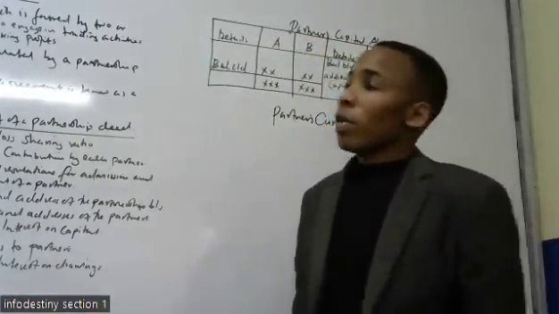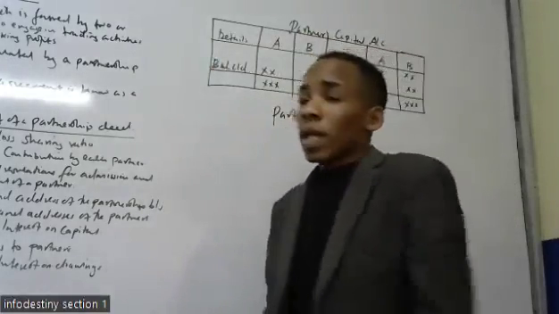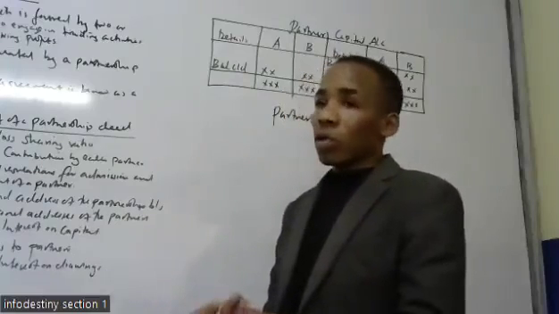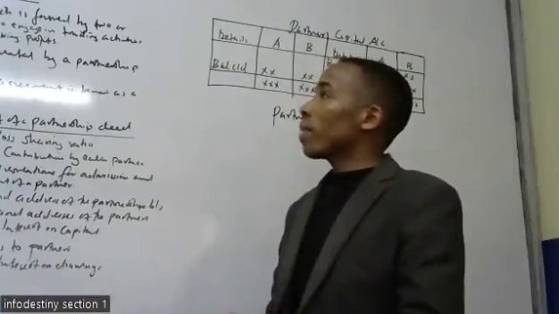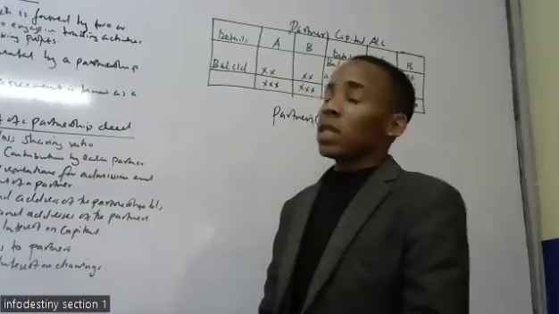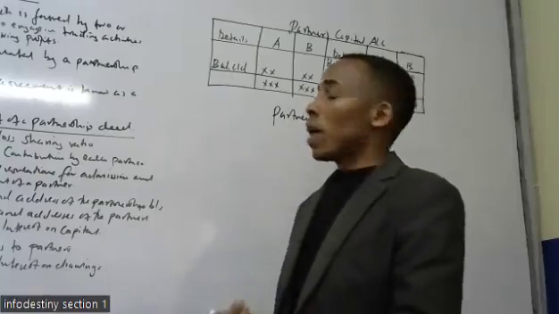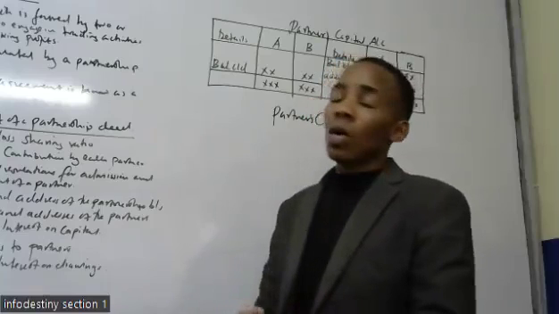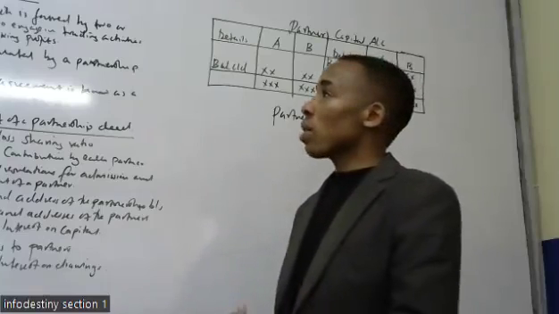So the benefits which go to the partners are, in other words, costs incurred by the partnership business for the benefit of the partners, like salaries. The partnership business is the one paying the partner's salary.